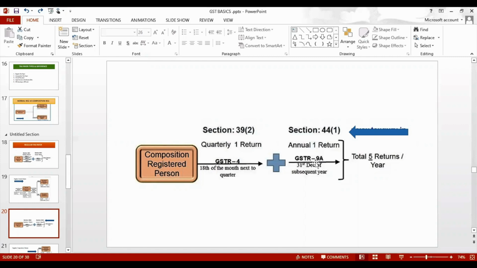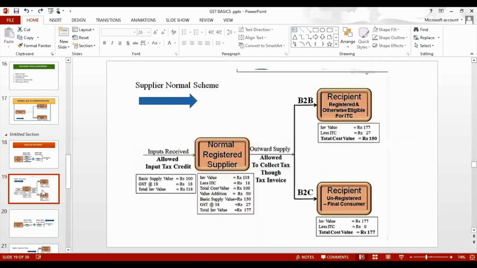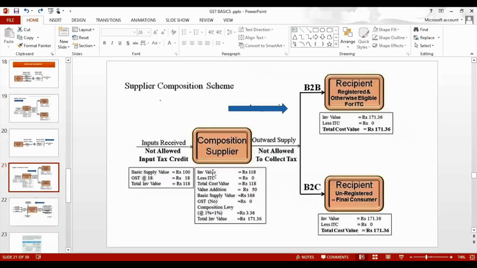We can understand that the composite and normal taxpayer have some advantages based on turnover. Next, the same example that I gave for the normal scheme supplier, the same amount structure will be carried forward for the composite dealer. I want to explain here how it will be calculated.